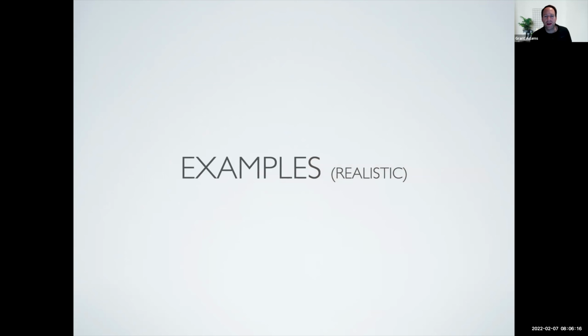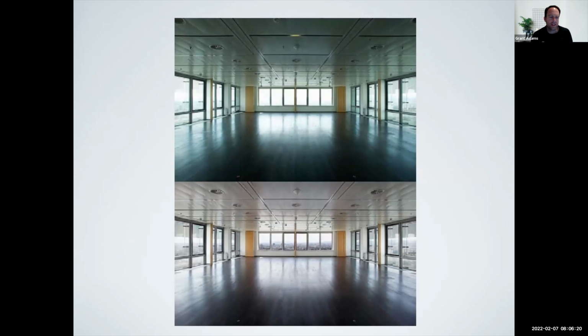So I have a bunch of examples here that I want to show you. And when we look at these examples, I want to point out another good place where this HDR really comes into play. This is two images of the same floor on a particular building. If you take a second and think about yourself as maybe a real estate agent or somebody who's deciding to rent this particular space.